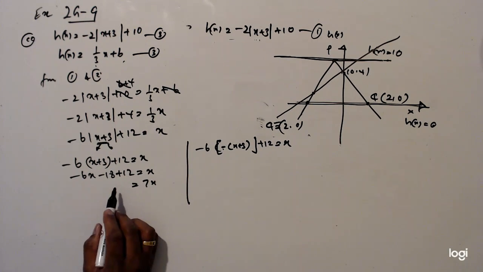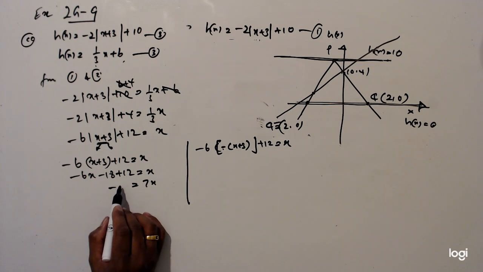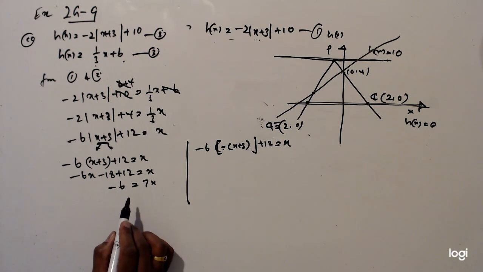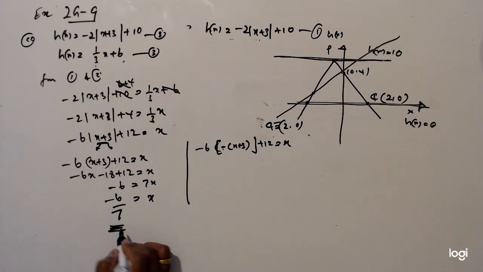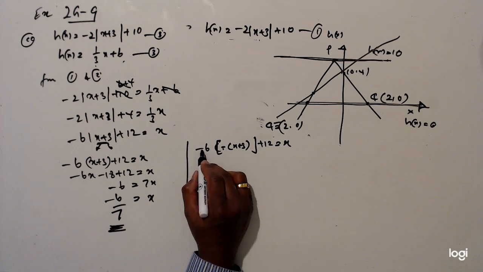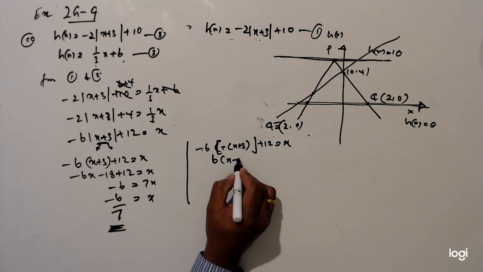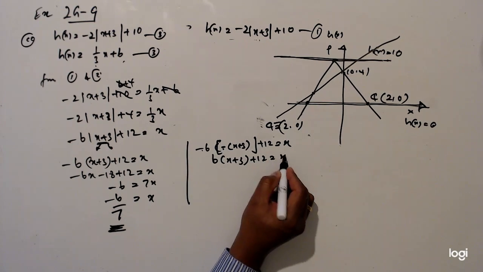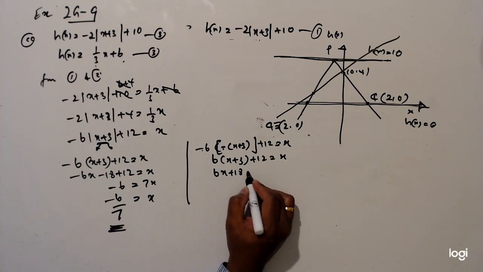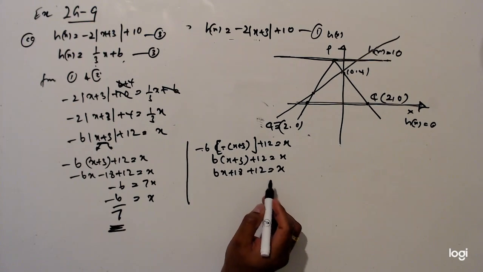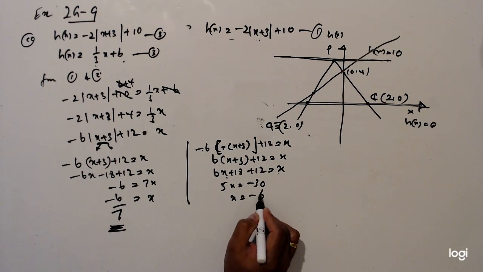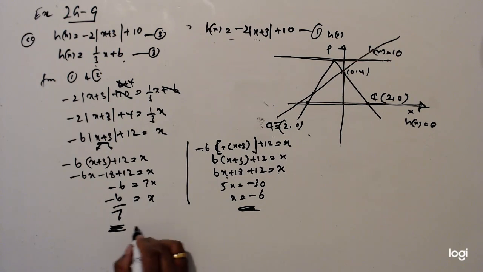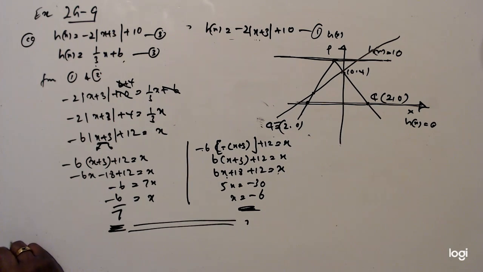So 7x equals minus 6, so x equals minus 6 over 7. From here, this minus becomes positive. 6x plus 18 plus 12 equals x. So this is 5x equals minus 30. x equals minus 6. So those are the answers.